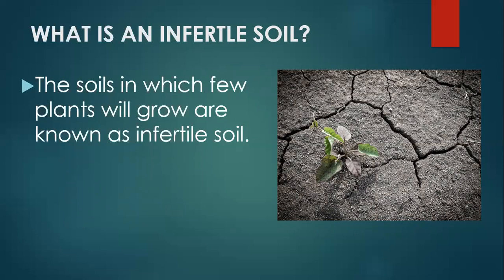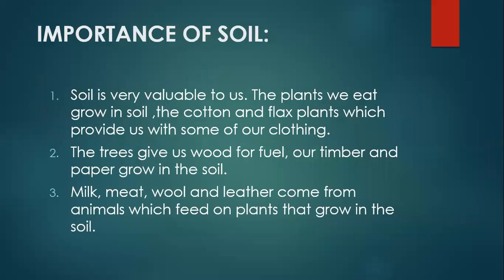So the soils in which few plants will grow are known as infertile soil. In this type of soil, not many plants are able to grow, and they suddenly die after some time.